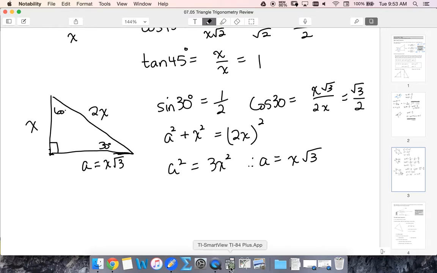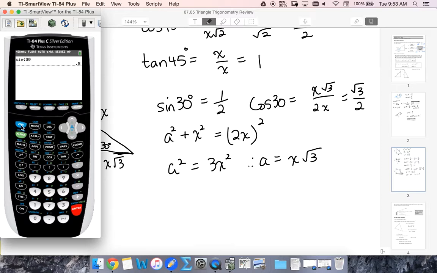Let's check that out. So square root of 3 divided by 2, cosine of 30, exact same number.